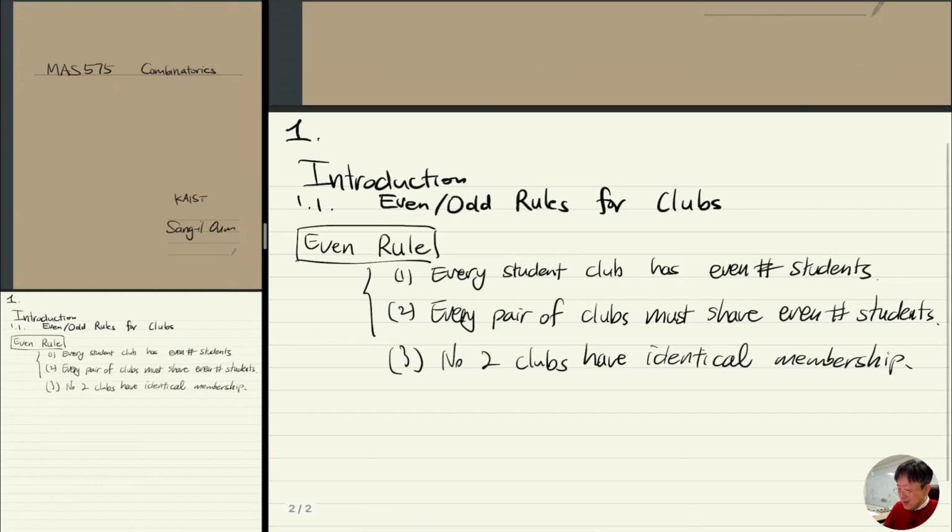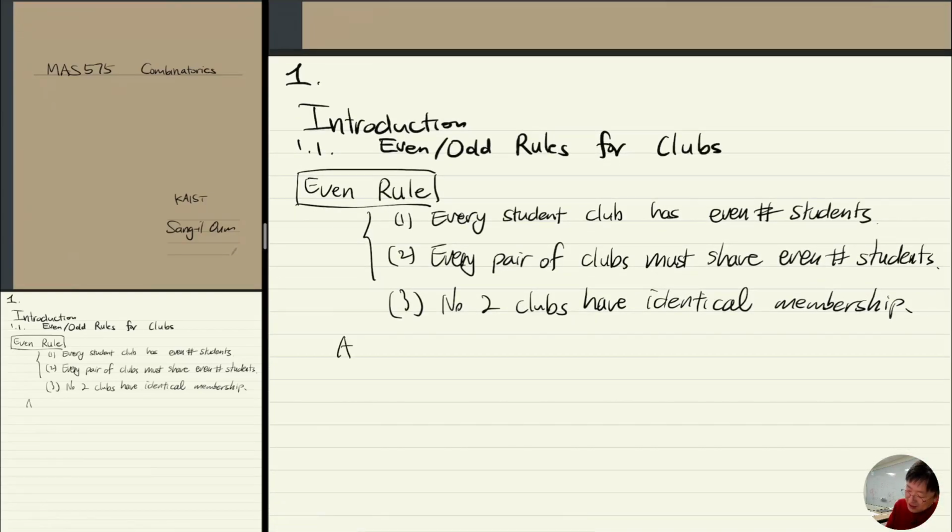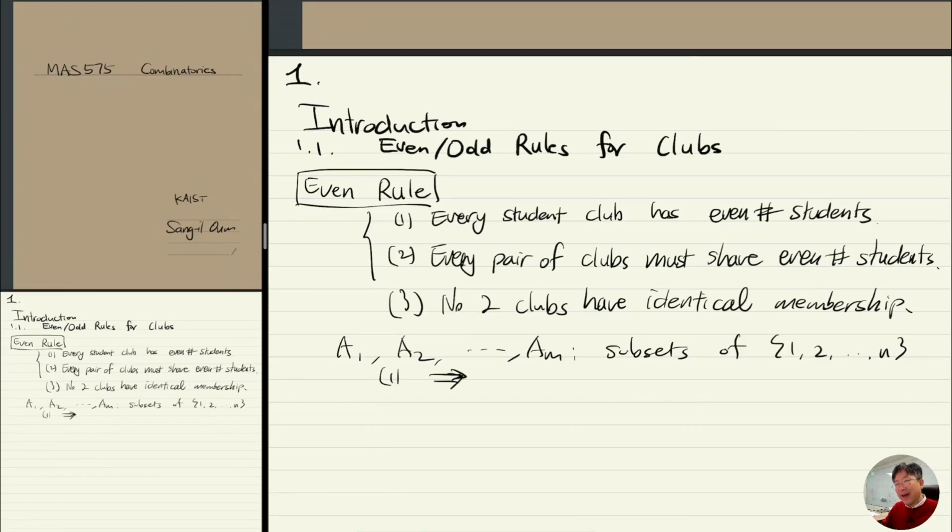So what does that mean? Well, let A1, A2, up to Am be subsets of 1 up to n. Think of n as the number of students, and Ai is the set of students belonging to the i-th student club.